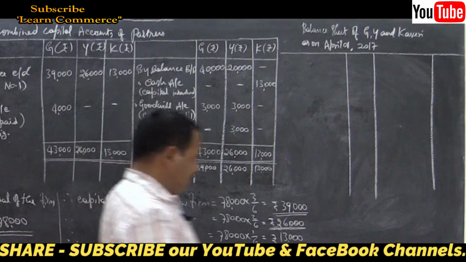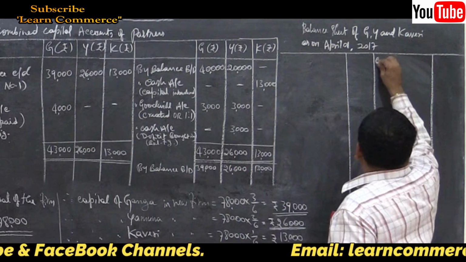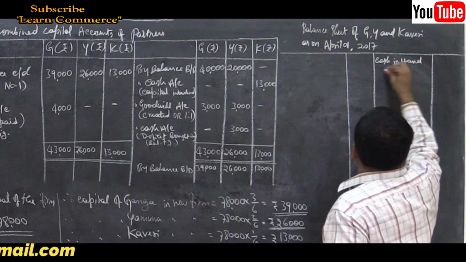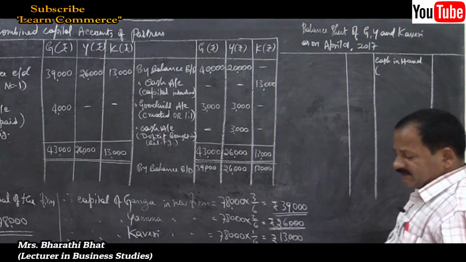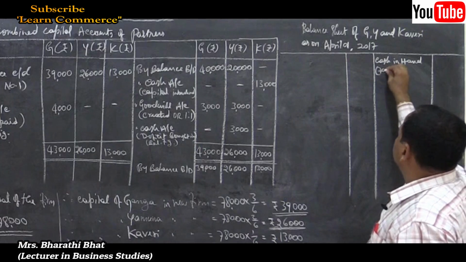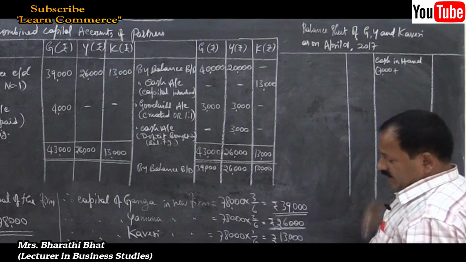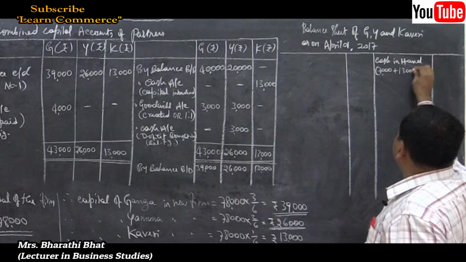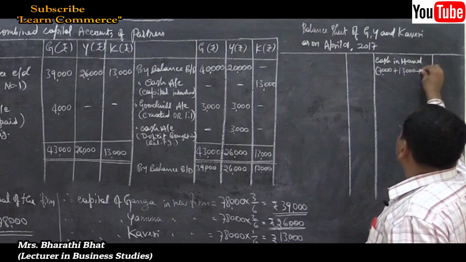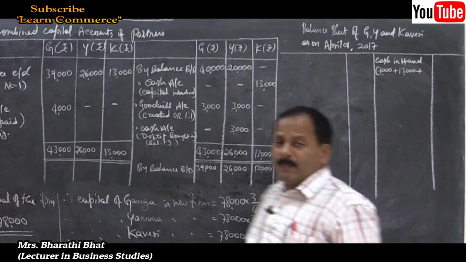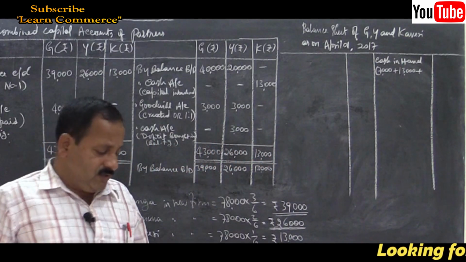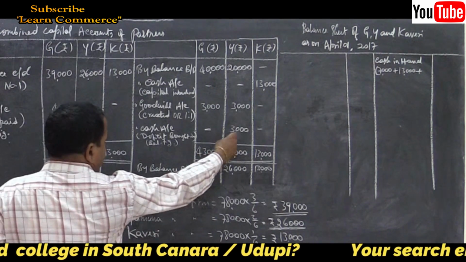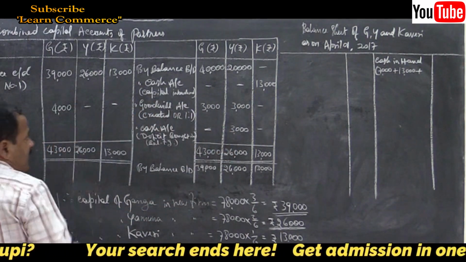So, balance sheet, cash in hand. Start with the cash balance, cash in hand, write within bracket, write opening balance first, 7,000, plus cash brought in by new partner towards capital, 13,000. Goodwill is not brought in the form of cash, it is created. But there is a shortage brought in, deficit brought in 3,000 and excess paid 4,000.